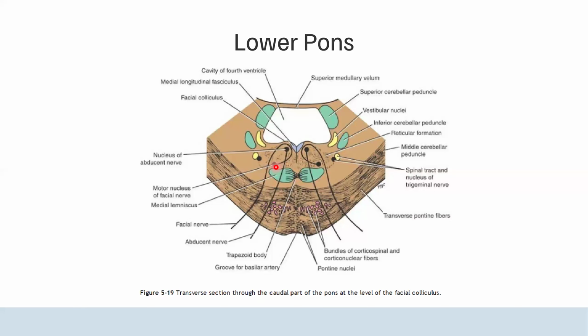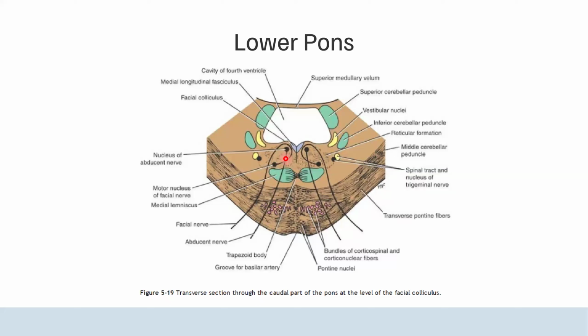But what did we say? We said that the facial nerve, before it exits, it likes to loop around and create this facial colliculus around the abducens nerve. So this right here, as soon as you see this loop of the facial nerve, as soon as you see the facial colliculus, just know that the abducens nerve nucleus is going to be right underneath it.